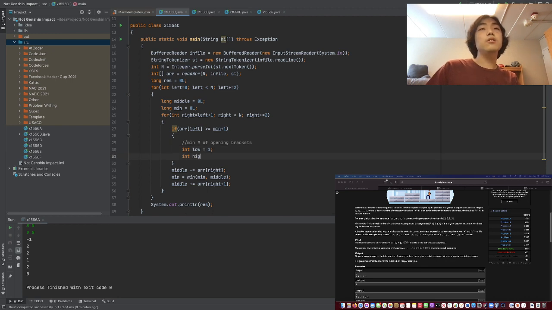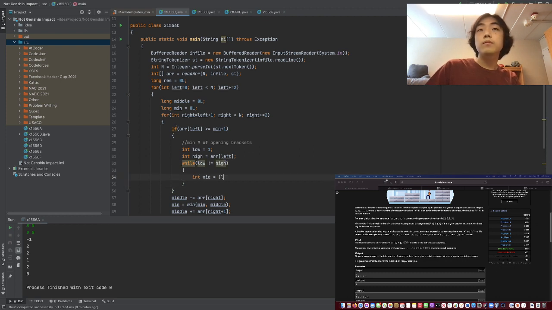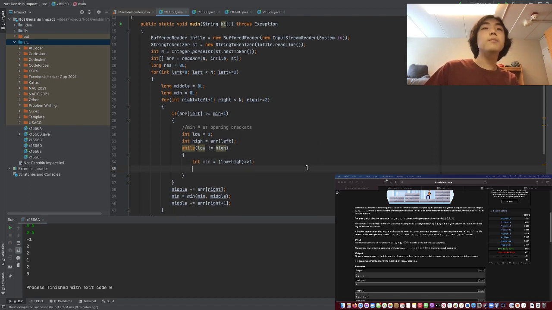Alright, so we obviously need at least 1, and we can use at most array at left. Let me just do that instead. So this is how many we have. So long as mid is at least as large as min plus 1.